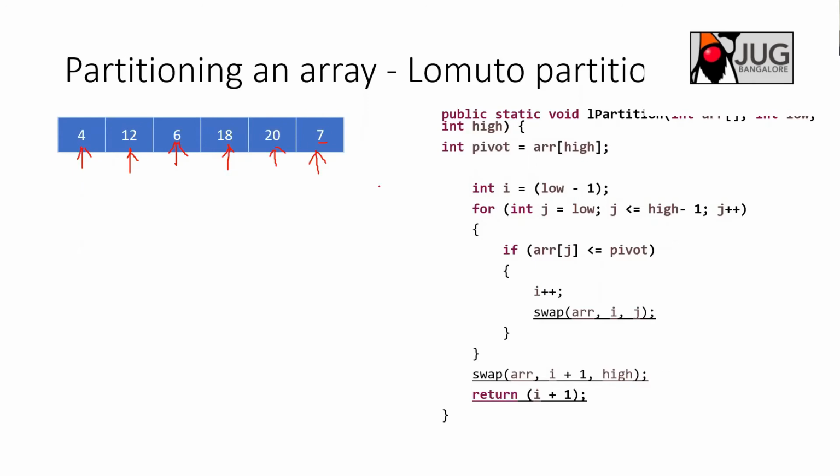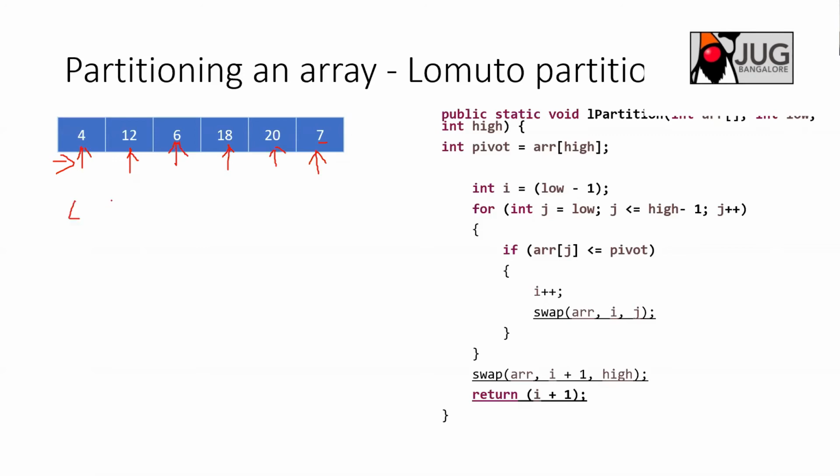But if you start with, let's say, 7 as a pivot, you stop here itself. When you increment from here, it is less, so fine, you increment, it is not less than the pivot, so you stop here. It is greater than the pivot, or you can use less than or equal to, so you can stop here. So 12 and 7 will be stopped.